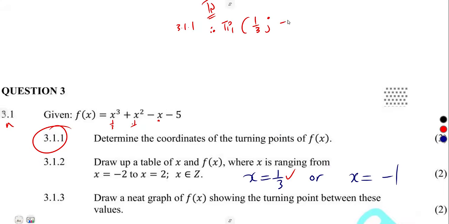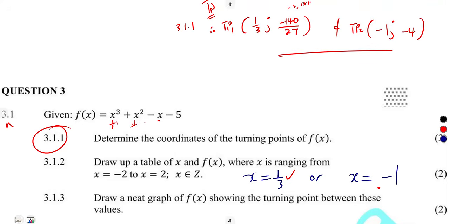Y is going to give us minus 140 over 27, something like minus 5,185, something like that. And the second turning point, when x is minus 1, substitute properly, minus 1 in place of x. Y is going to give us a negative 4, something like that. So that was it. For this one, we have our turning points.